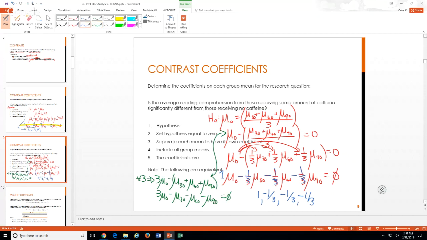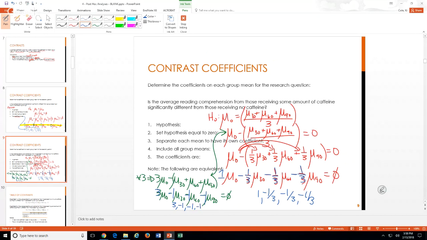In this case, what are my coefficients? 3, minus 1, minus 1, minus 1. Good. So we see here that there are two different sets of contrast coefficients, but they're actually equivalent.